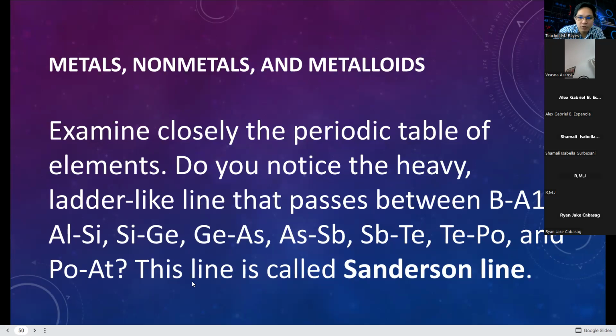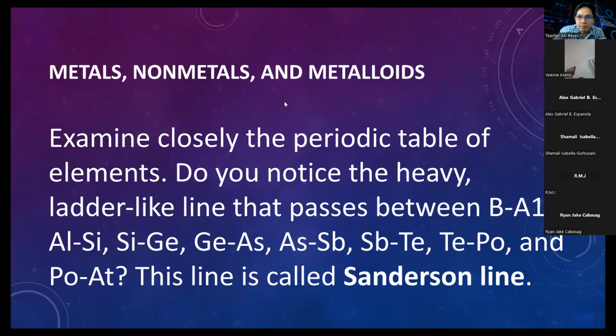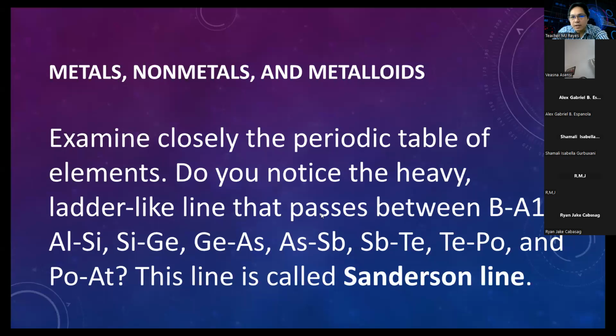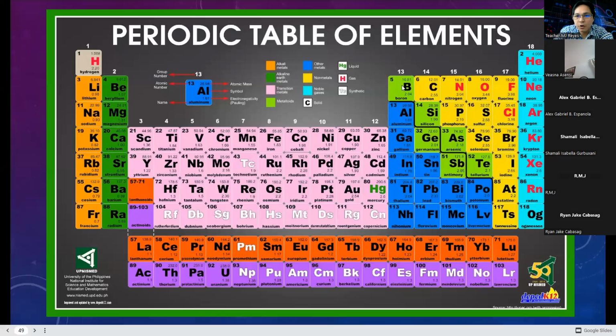So this is actually called the Sanderson's line. Let me share again my periodic table of elements. I think it's in here. So the Sanderson line is actually a line that passes through boron, aluminum.